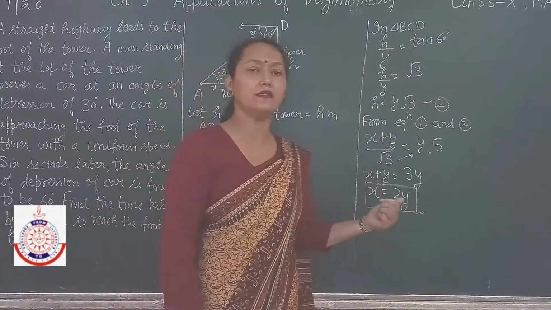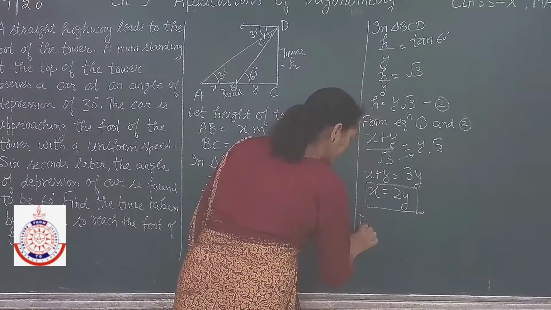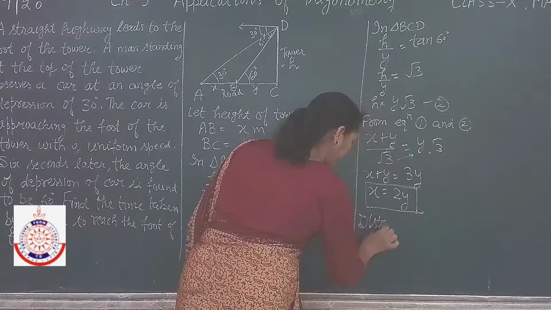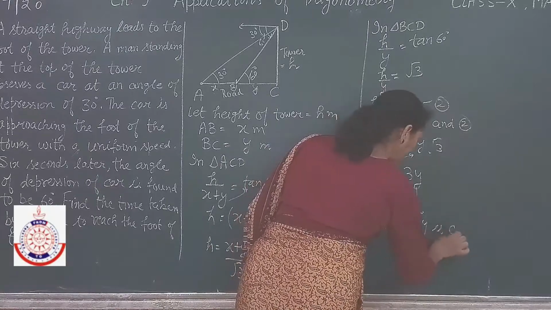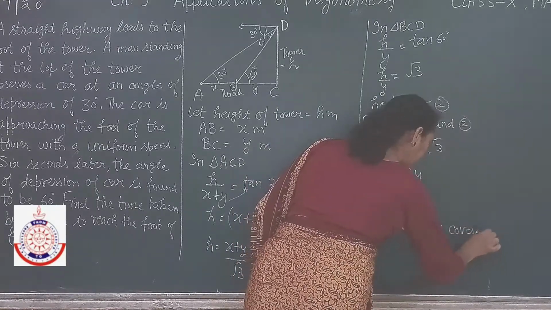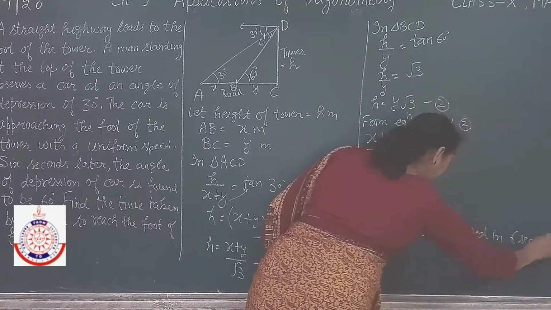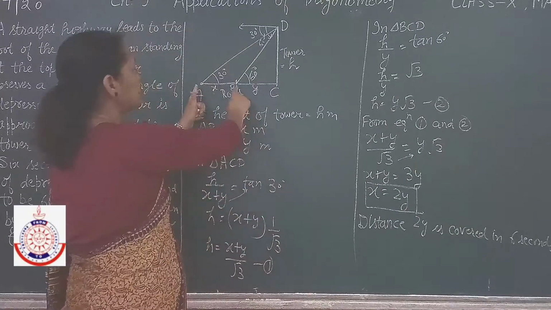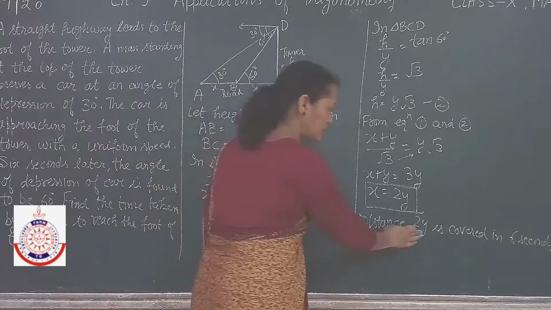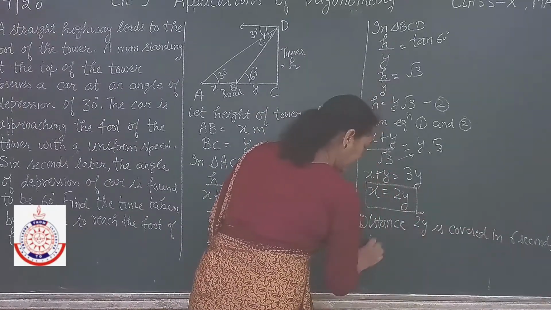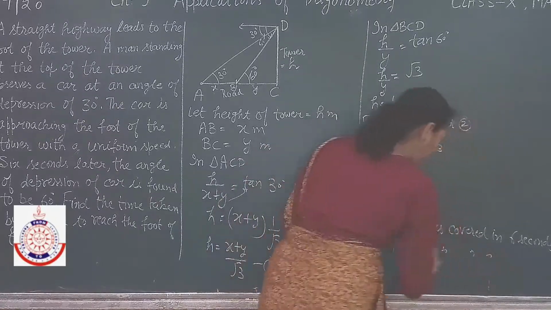If distance 2Y meter is covered in 6 seconds, then Y is covered in how much time?